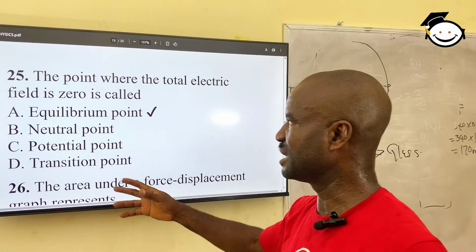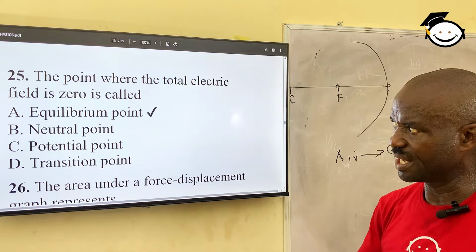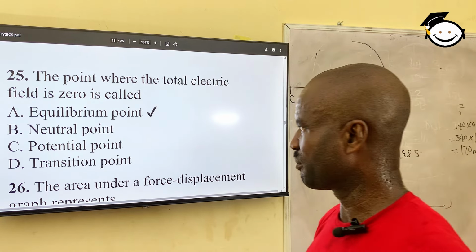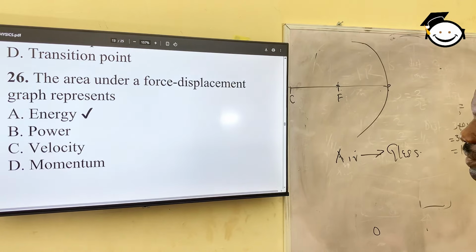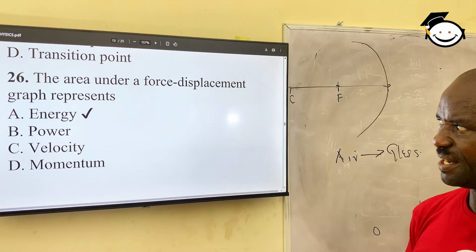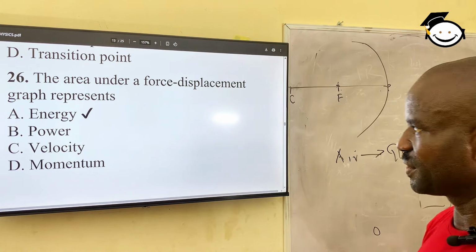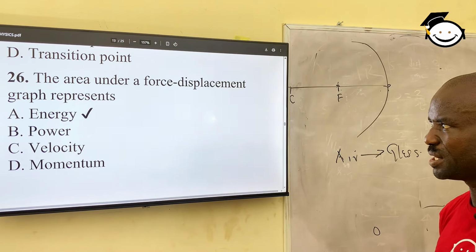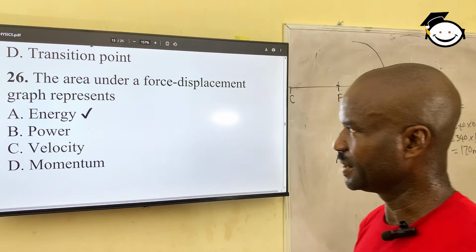The correct answer is equilibrium point. There is no electric field at that point. 26. The area under a force displacement graph is represented by A, energy, B, power, C, velocity, and D, momentum. The correct answer is A, energy.